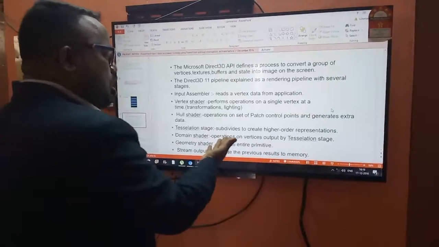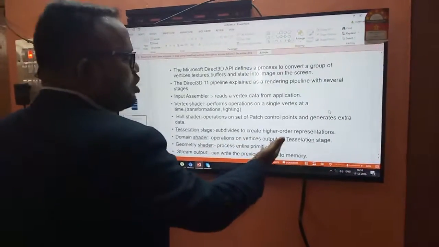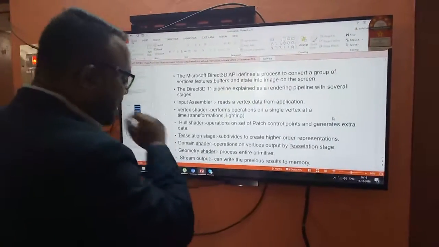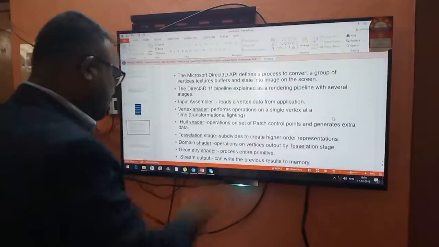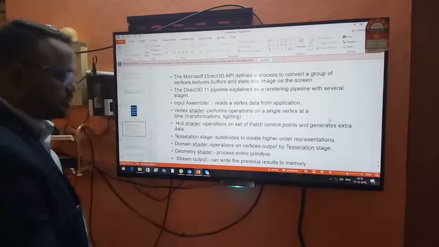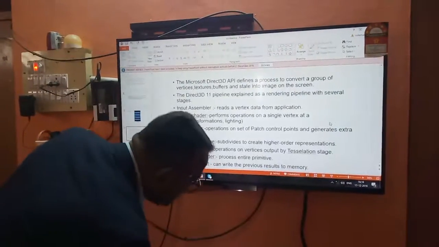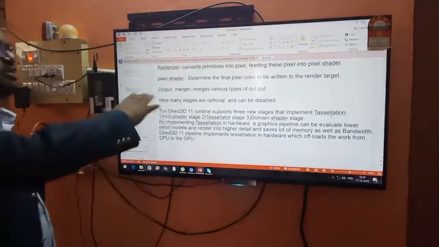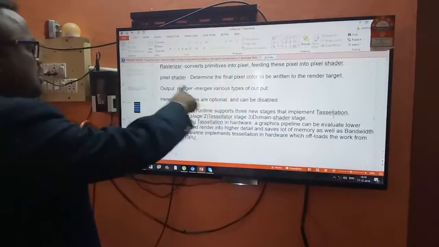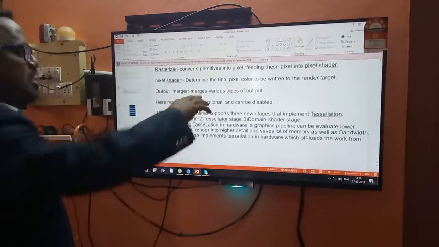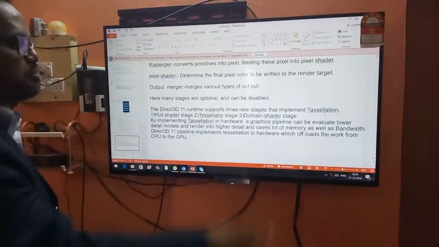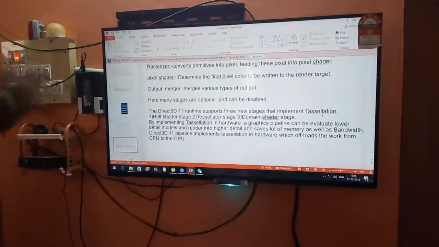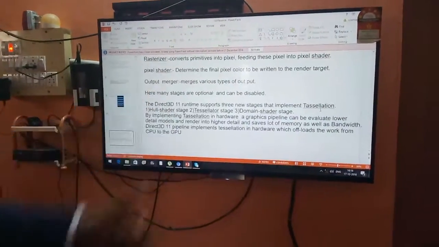Domain shader operates on vertices output by the tessellation stage. Next, the geometry shader processes an entire primitive, and the stream output means we can write the previous results to the memory. Rasterizer converts the primitives into pixels, and in the pixel shader we determine the final pixel color to be written at the target. And output merger means it merges the various outputs into a single stage.